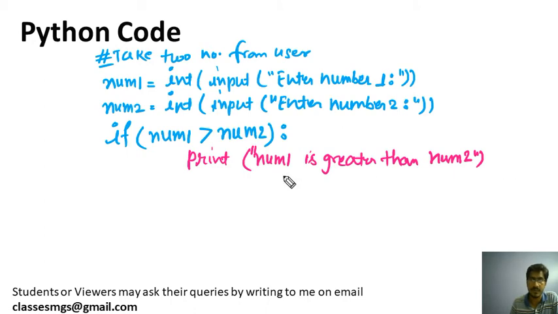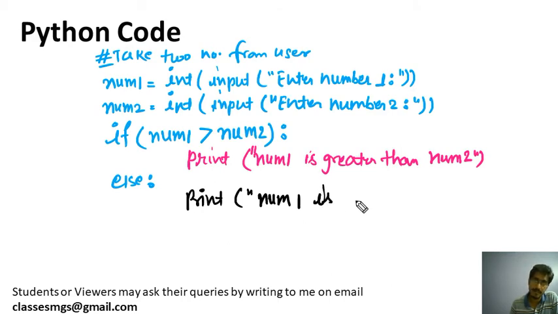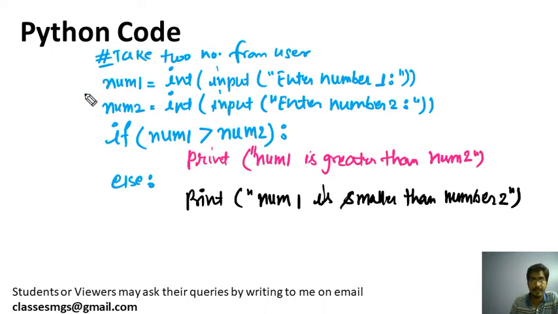This message will be printed. Else, what will happen? Else we will print number 1 is smaller than number 2, like this. Okay, that's all in this program.